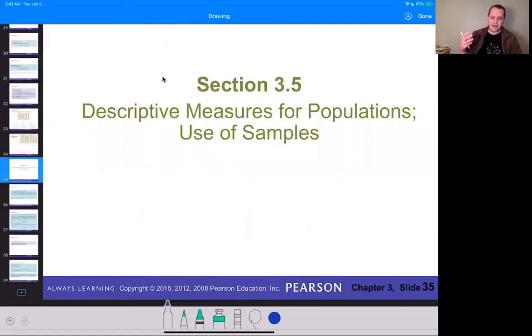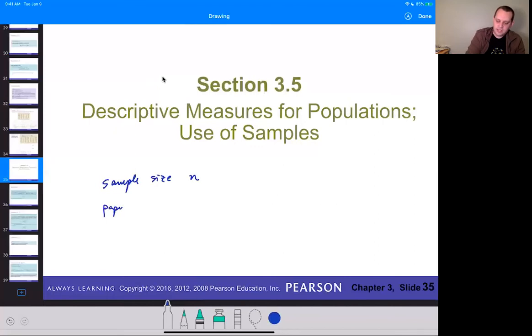And then finally, in our last section, we had been talking about sample standard deviations and sample means, but we can also talk about population standard deviations and population means. Everything is basically the same. For a sample size, we use little n, that's the number of data points we have in our sample.